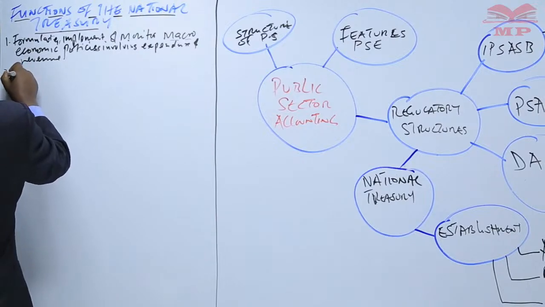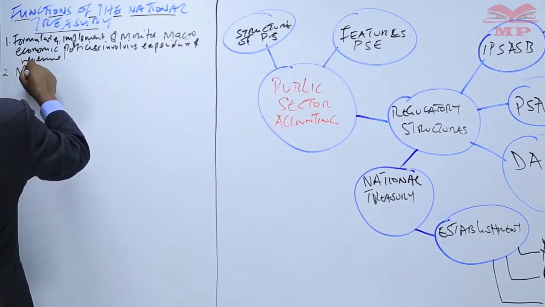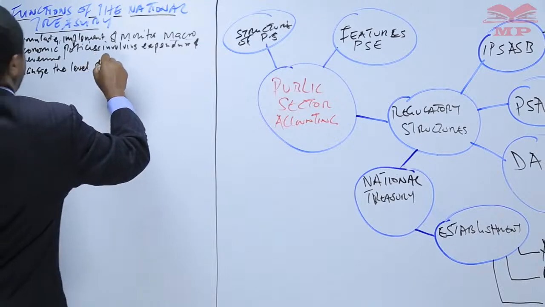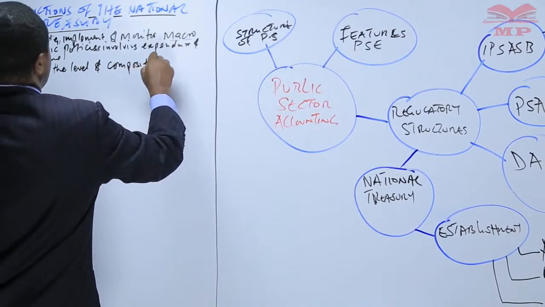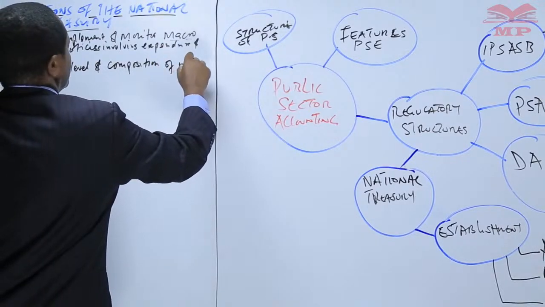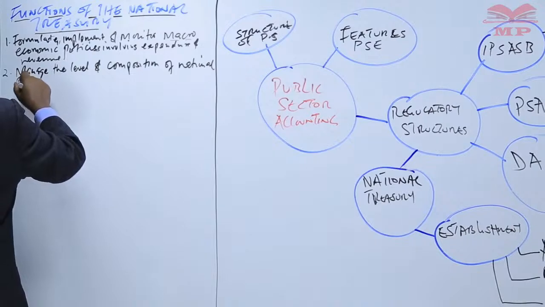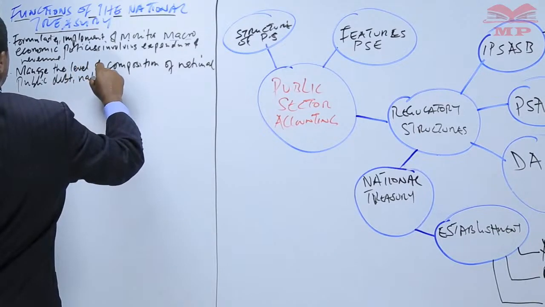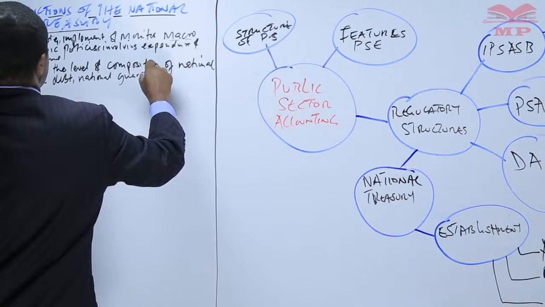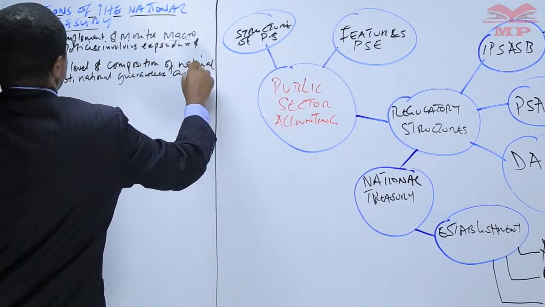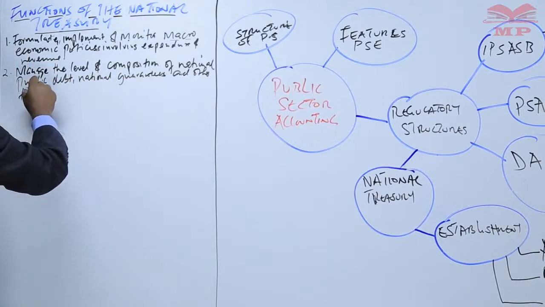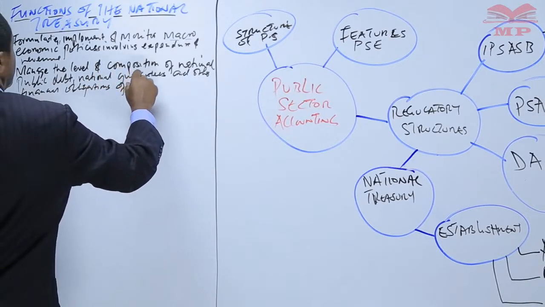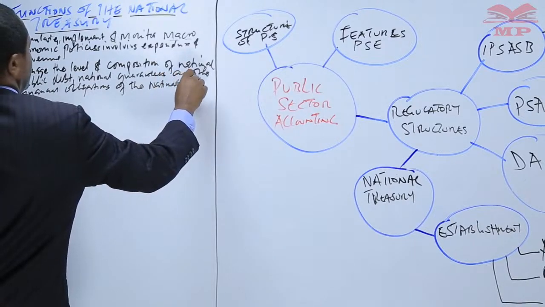Number 2 is to manage the level and composition of national public debt, national guarantees and other financial obligations of the national government.